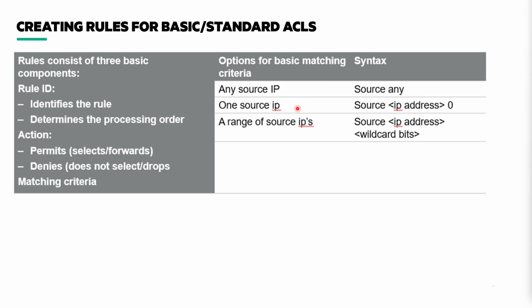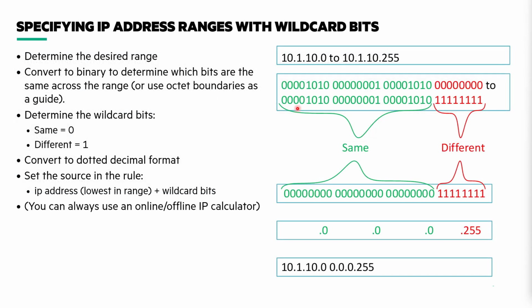And in the world of access control lists, there's something called inverse mask or wildcard bits. Simply speaking, it's the inverse of the subnet mask. So if I would like to either permit or deny this range, for example, it means I am going to say, okay, the first 3 octets must match.